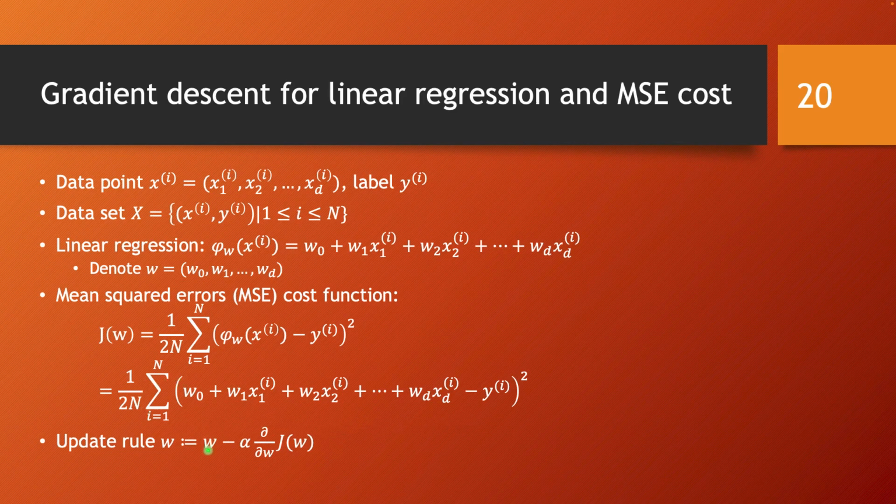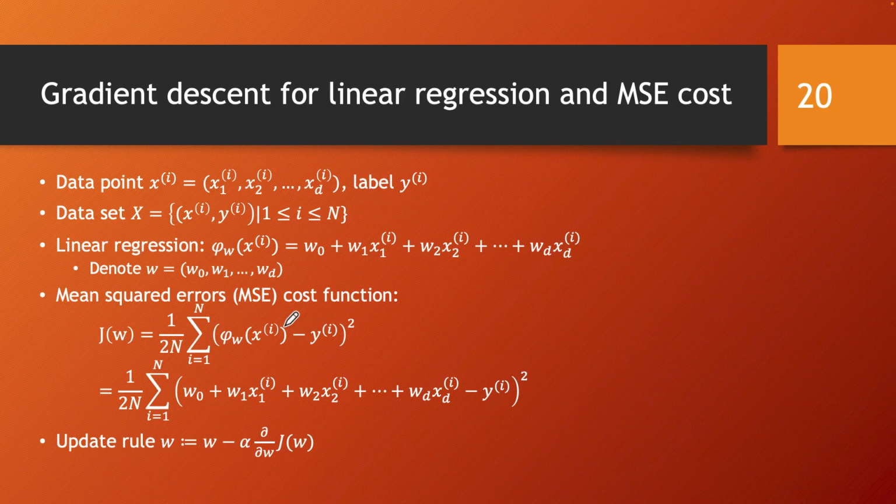Just to explain how easy this gradient descent rule is in the case of the mean squared error: the partial derivative is calculated with respect to each of the parameters w0, w1, up to wd.